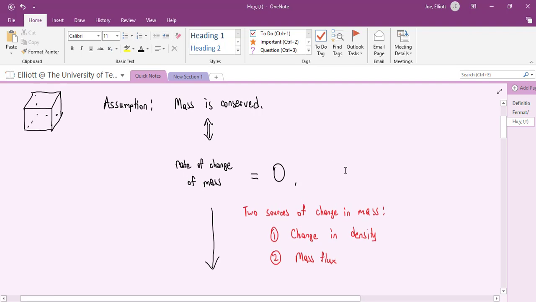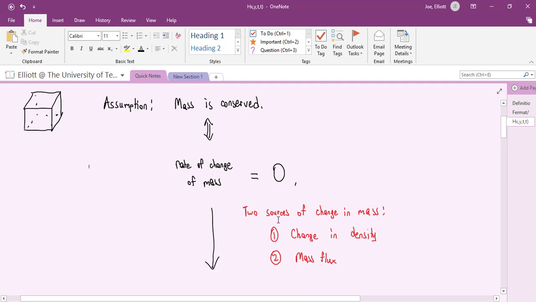Now, there's going to be two sources of change in the mass in this cube. So one, the mass could be changing due to a change in density.